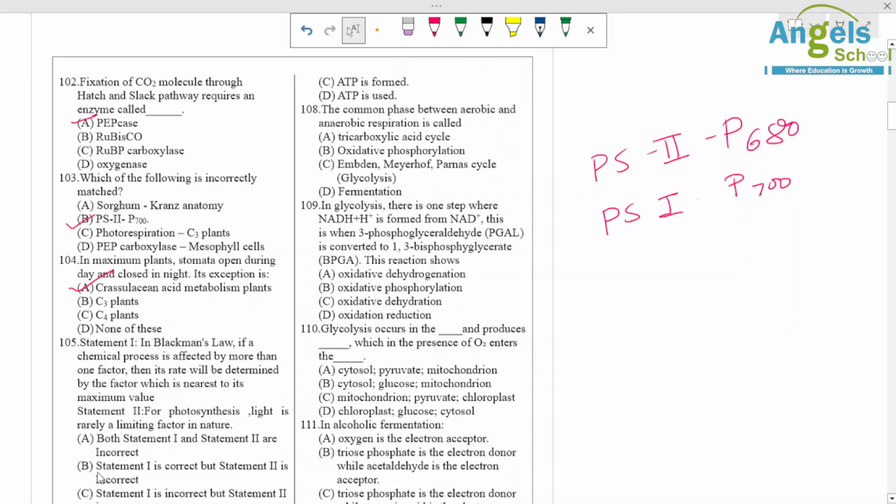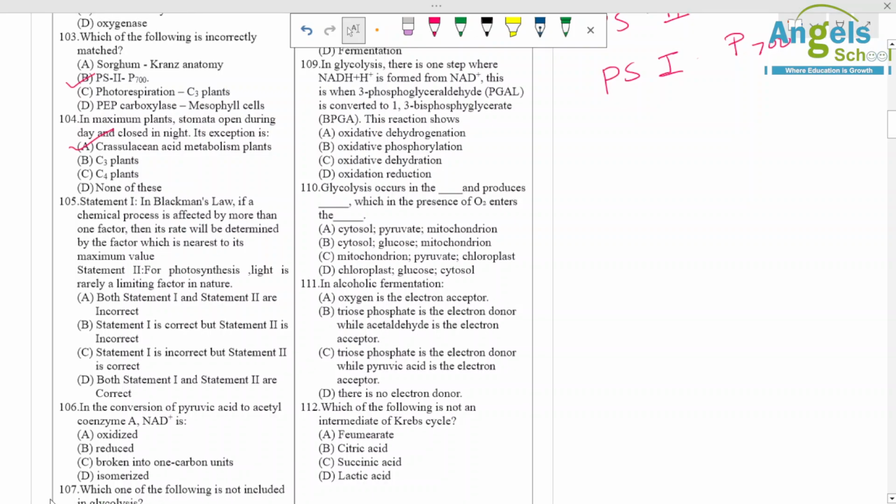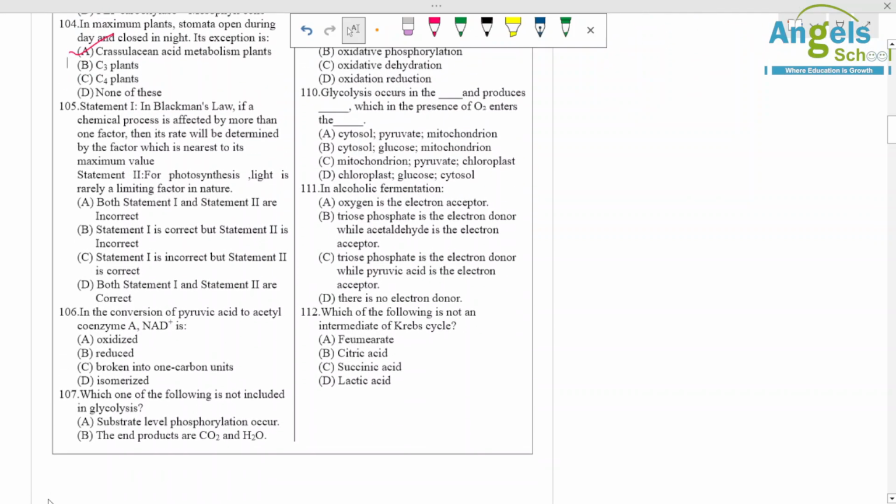Question number 105. Statement 1. In Blackman's law, if a chemical process is affected by more than one factor, then its rate will be determined by the factor which is nearest to its maximum value. Statement 2. For photosynthesis, light is rarely a limiting factor in nature.